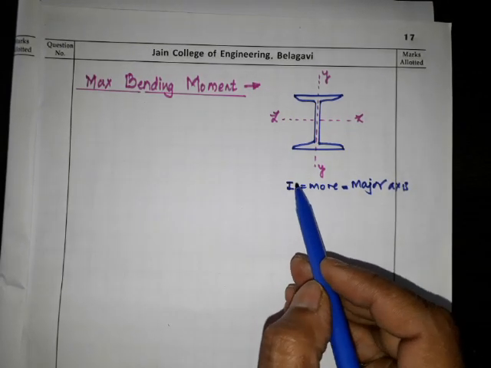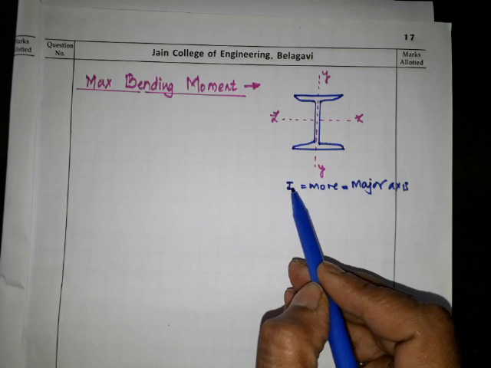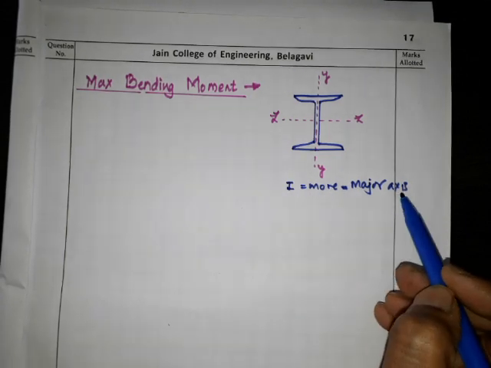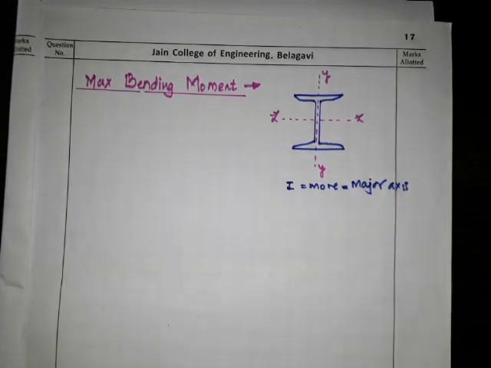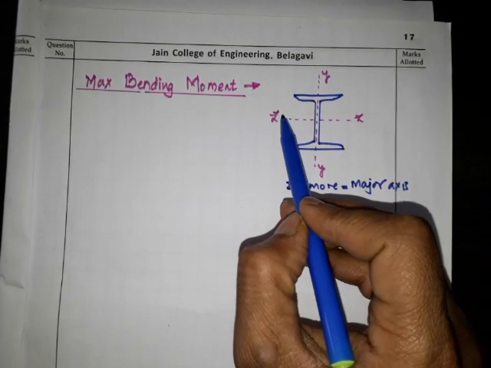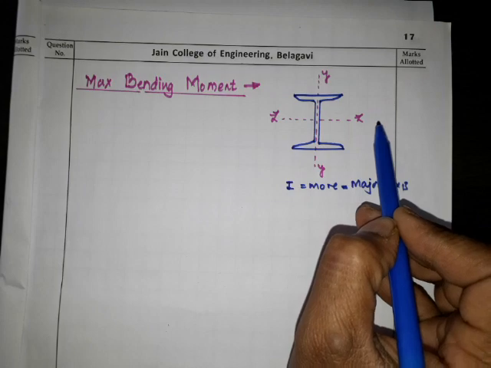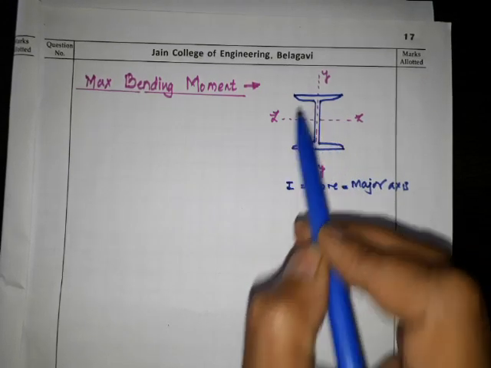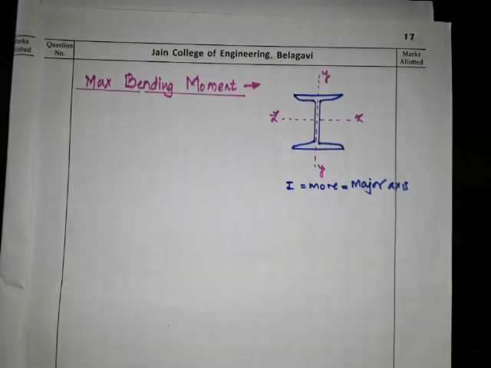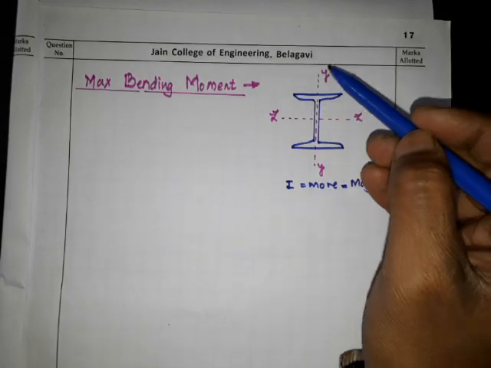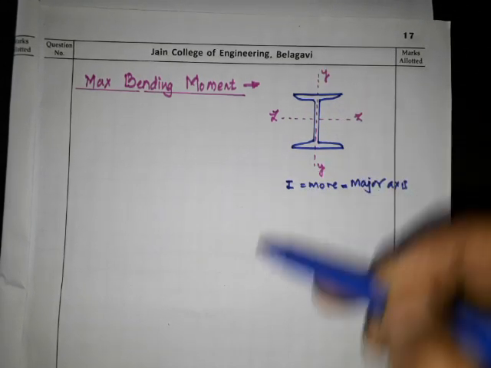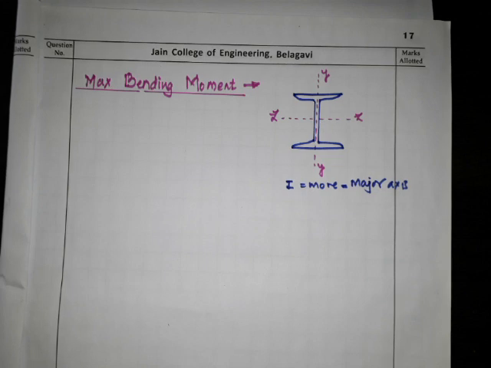For an I section the moment of inertia is maximum about the horizontal axis ZZ, so that's why it is called the major axis, IZZ, and about the vertical axis it is minimum, so that's why it is called the minor axis.